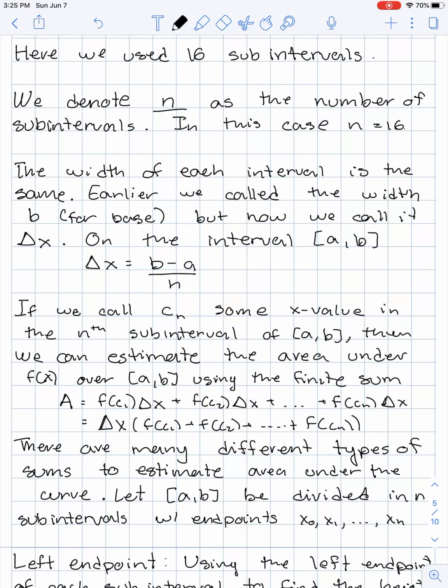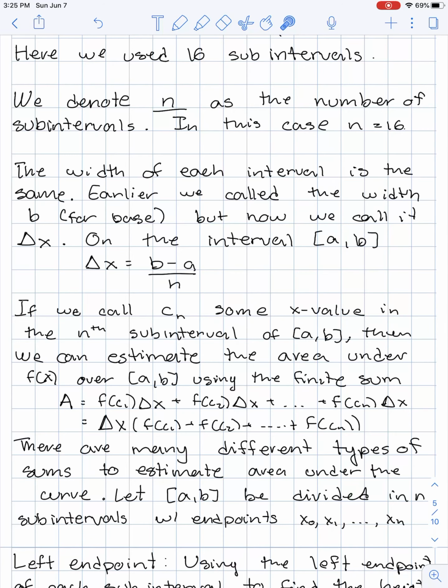All right, so there's many different types of sums to estimate the area under the curve, right? I just said cn needed to be some value in that subinterval. Usually we like to do it with endpoints, just because it's really easy to find those values since we're already given the endpoints of the intervals, because we needed to find them to get delta x.